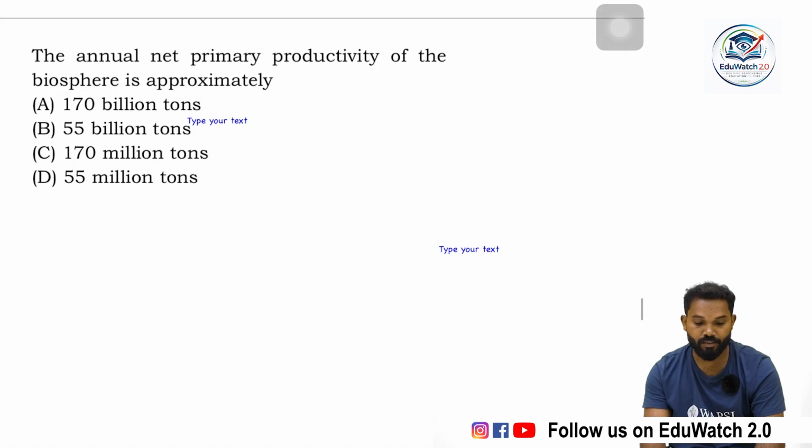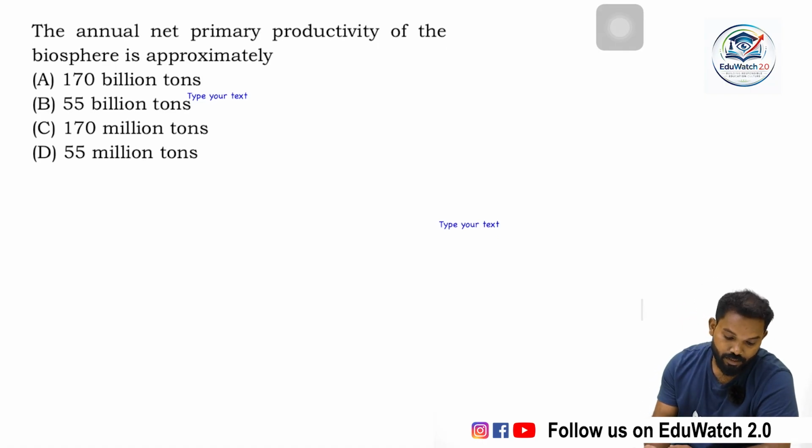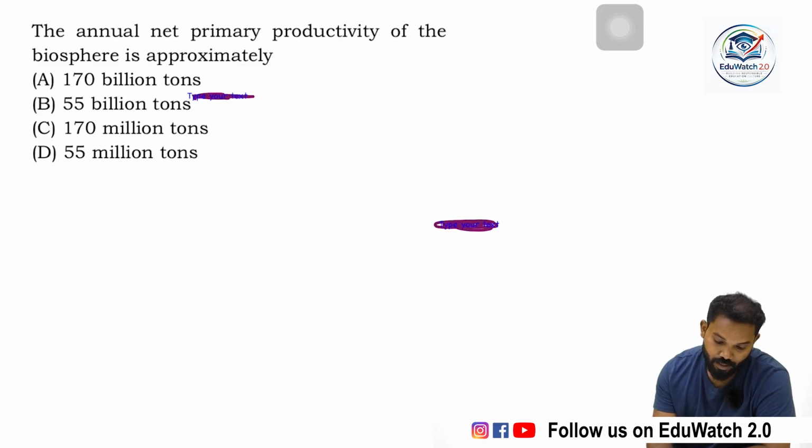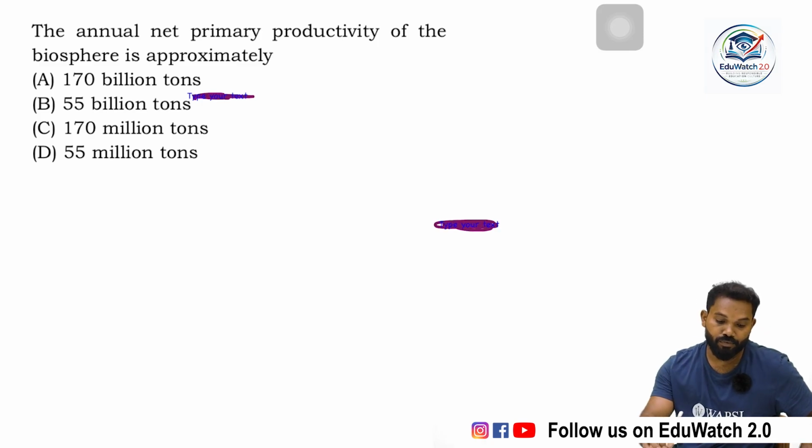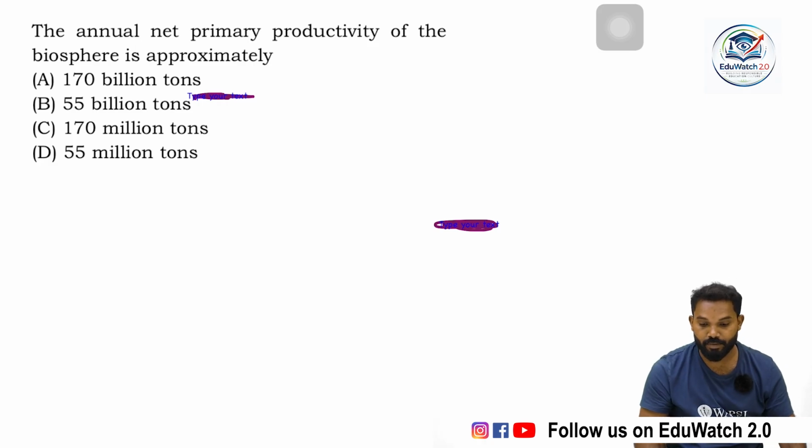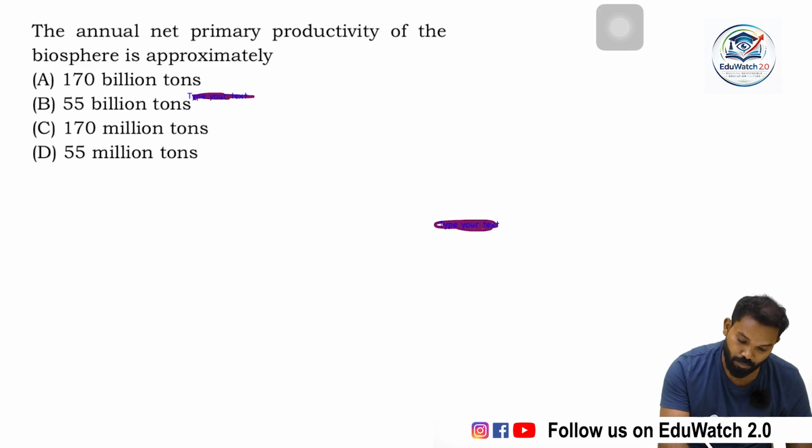Then the next question is the annual net primary productivity. Annual net primary productivity of the biosphere is approximately. It is also coming from the ecosystem chapter. What is productivity?